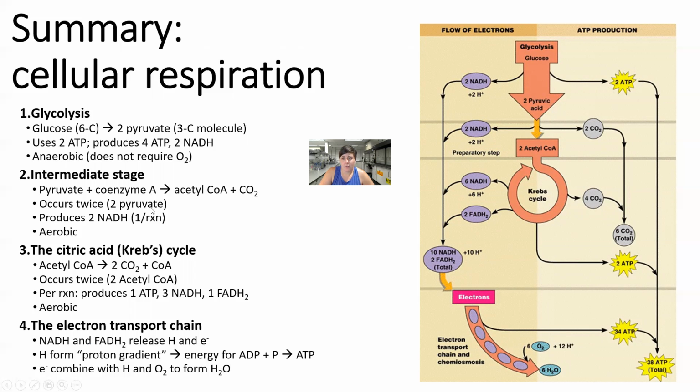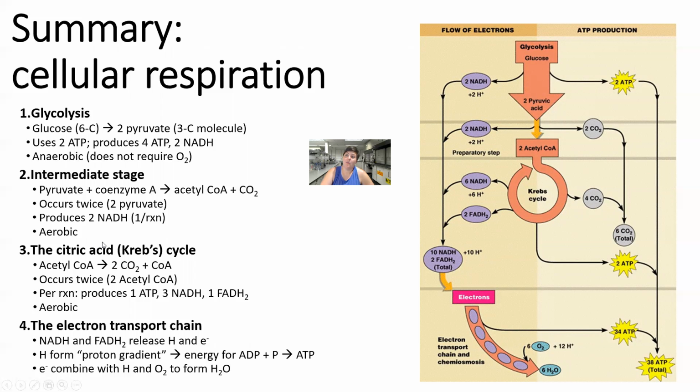This occurs for each of the pyruvates, and because we're breaking 1 bond in each of these, 1 electron is released from each of those bonds we break, and therefore we're producing a total of 2 NADH. This does require oxygen to bind up that carbon and generate carbon dioxide, so it is an aerobic or oxygen requiring process. Then we get to the citric acid cycle or the Krebs cycle.